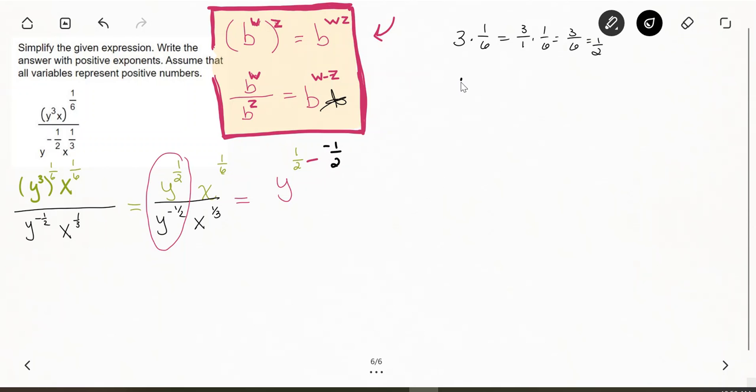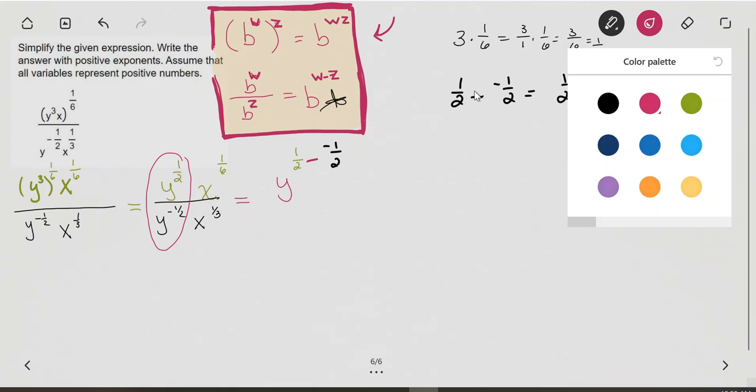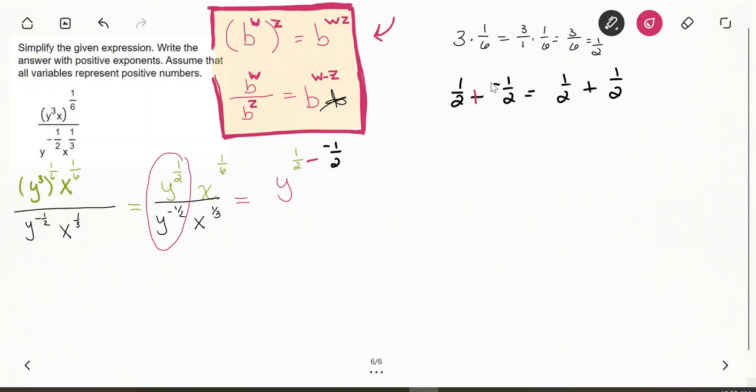So let me write this off to the side. 1/2 minus negative 1/2. That's the same as 1/2 plus 1/2. Do you remember that 2-mark rule? We changed the subtracting to addition and changed the sign of the following number. So 1/2 plus 1/2 is just 2 halves, or 1.